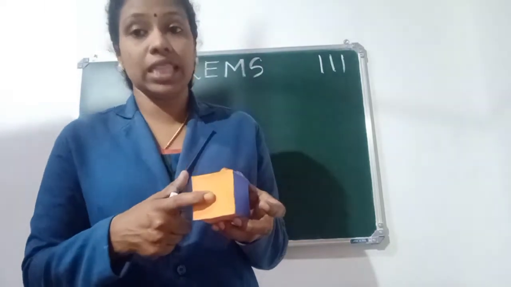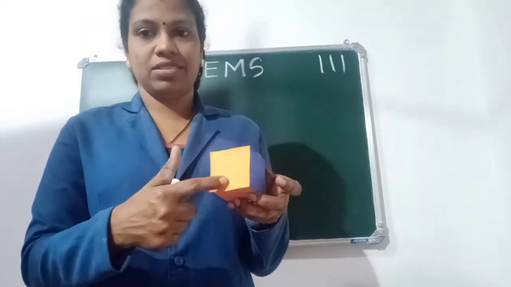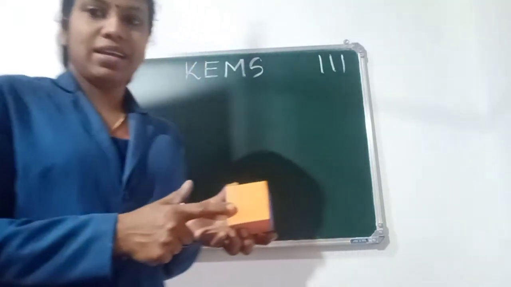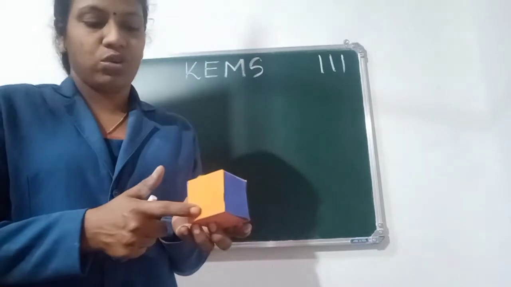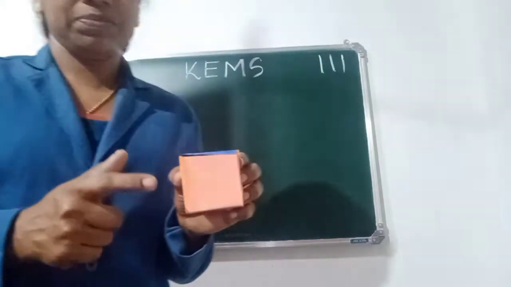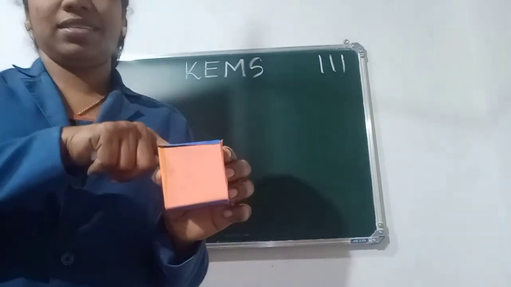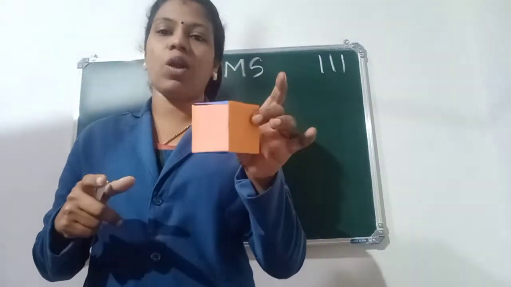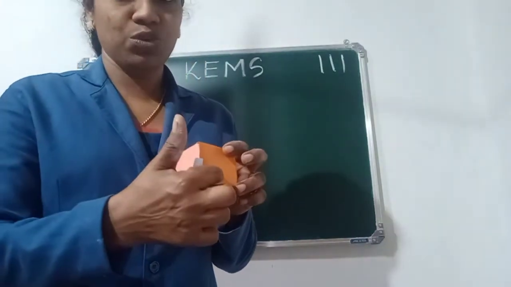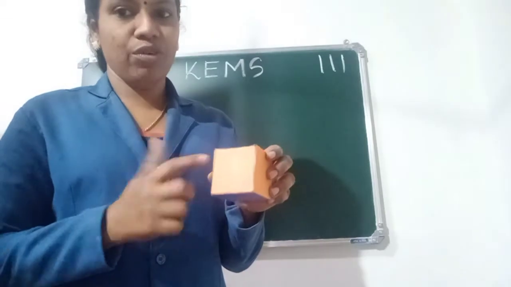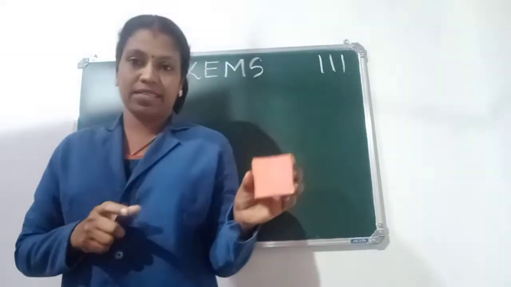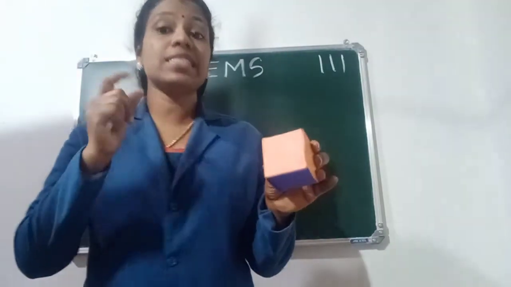So this is the third face. Then opposite, the same color. So 3, 4. Then one more, this and this. So a cube has total how many faces? 6. 1, 2, 3, 4, 5 and this side also. So total 6 faces. A cube has 6 faces.